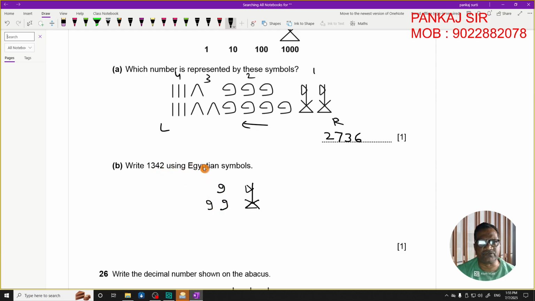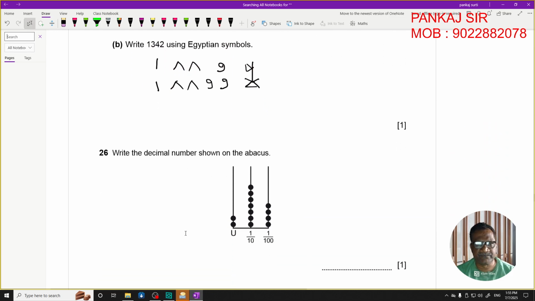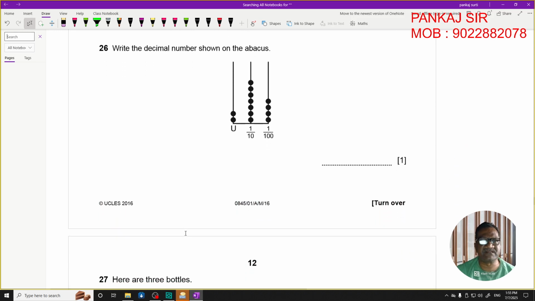Then 42: 4, and this is the symbol for 10, so I'll put 1, 2, 3, 4. That's 1340. And last you have a 2. For units, I have to use this symbol, so I'll use 1 and 1 over here. So this is the symbol for 1342.